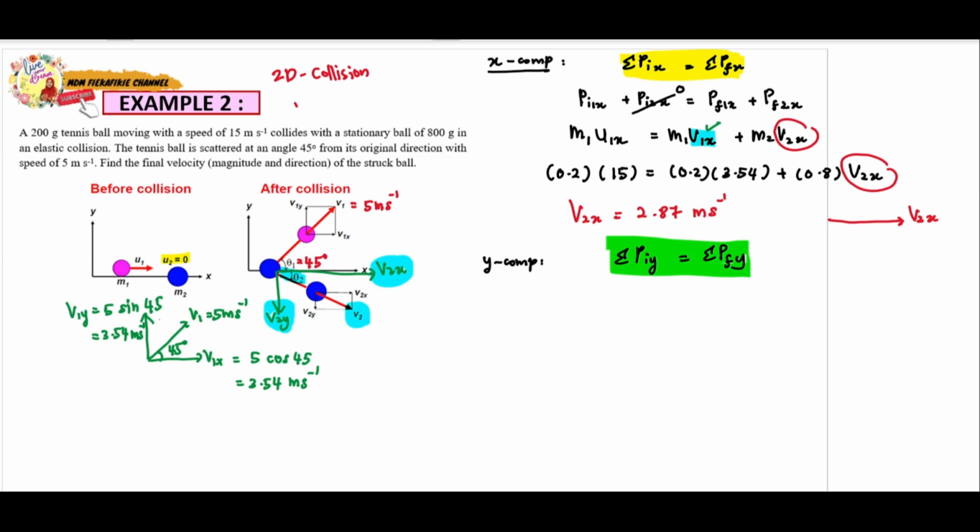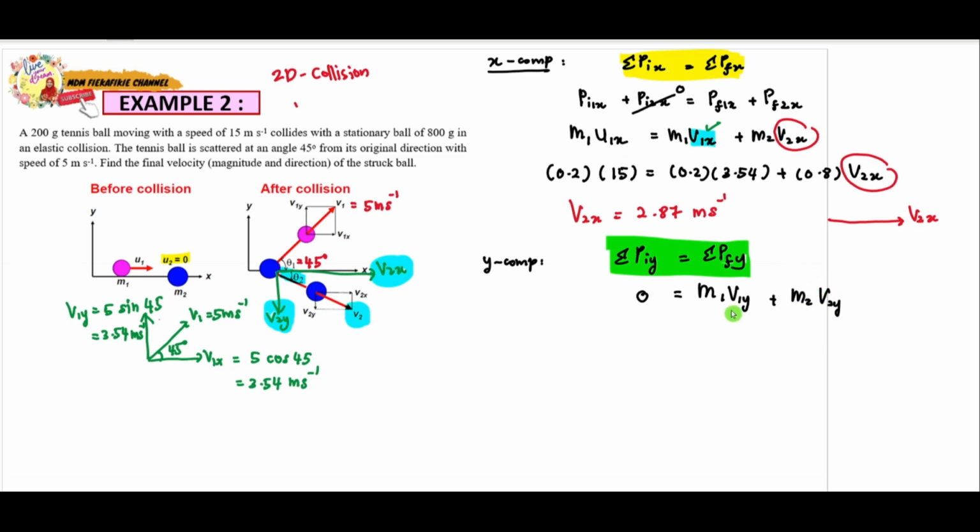Initially both object are moving in X component. Okay, so dia bergerak dekat sini sahaja. Okay, so tak ada. So saya tulis kosong. Okay, so kosong kat situ. And it's equal to, after collision, so kita akan ada M1 final velocity untuk mass 1 in Y component plus M2 pun ada final velocity of mass 2 in Y component.